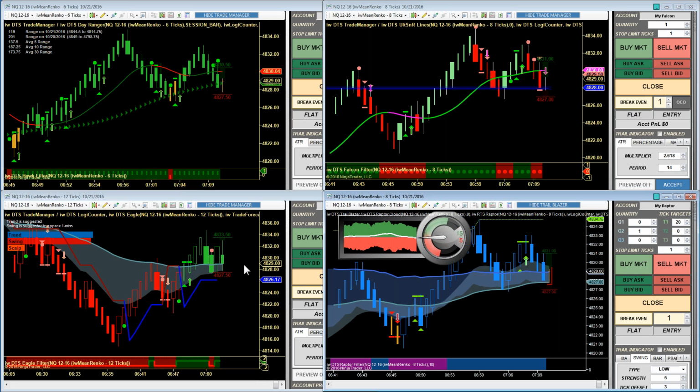Okay, so now we're back into some sideways drift mode. Again, yellow bars forming here on the hawk.